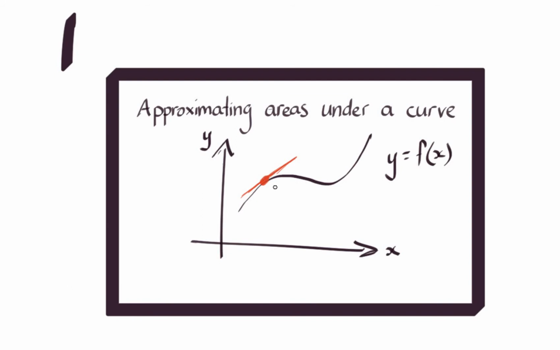The first derivative function gives us the value of the gradient of this tangent at different points. So we can see it's positive here, we've got a zero gradient along here, and so on. So there's this link between differentiation and the gradient of the tangent to a curve.